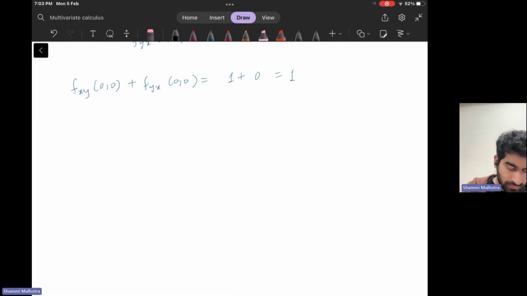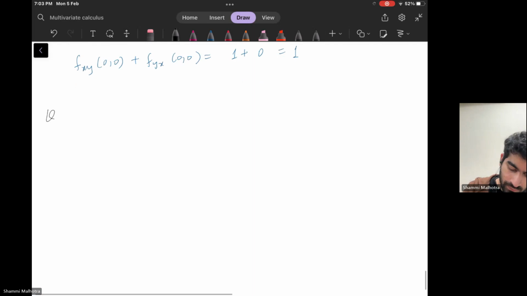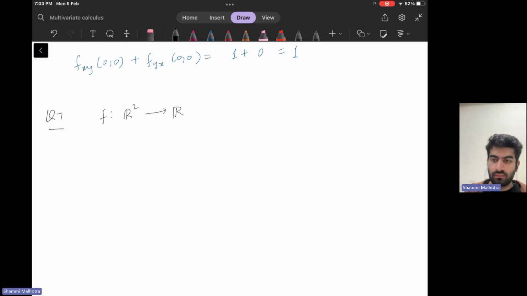So question number 7 is given as f is a function from R2 to R, f of x y given as mod of xy.